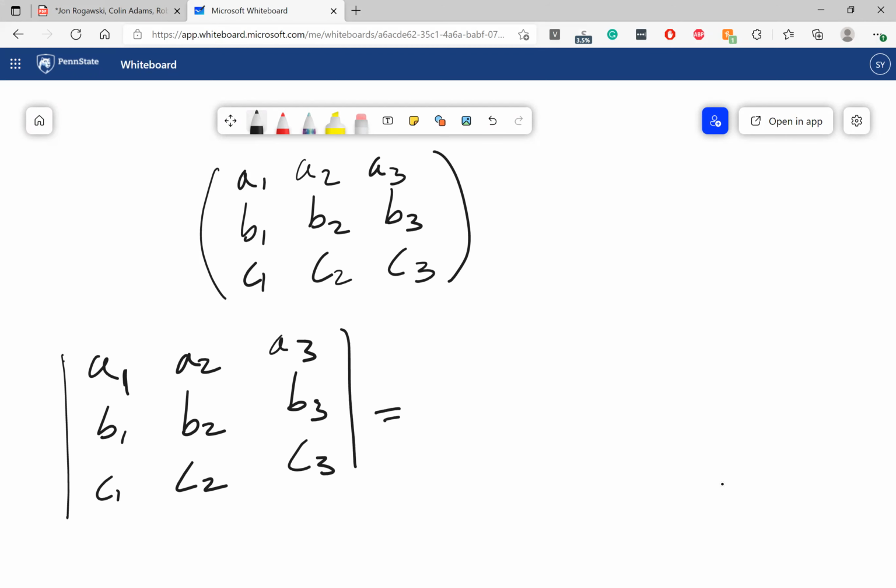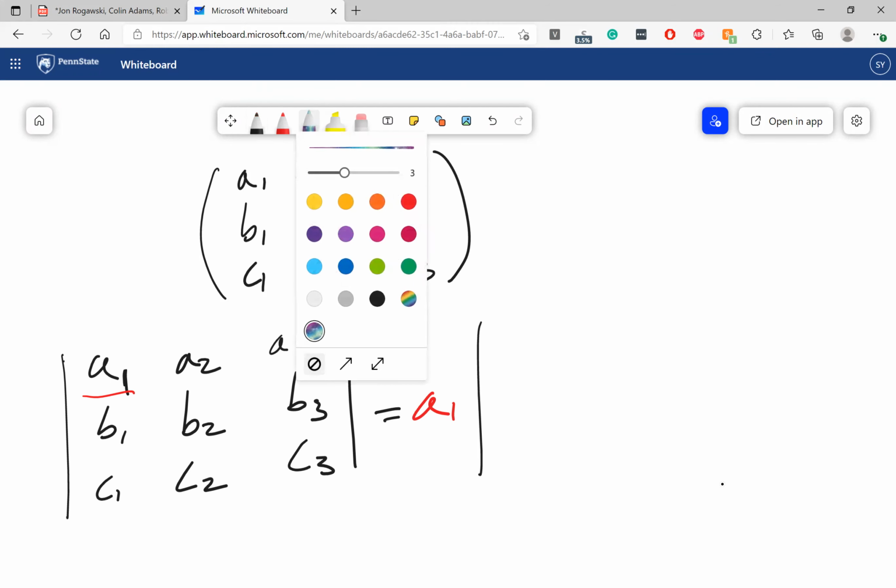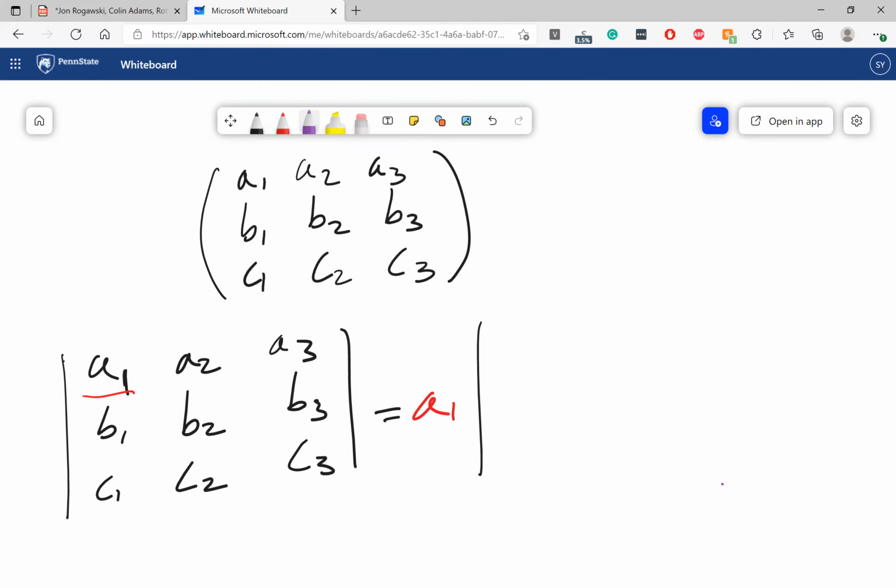And what we do is we go to our first coefficient over here, and we put that here, A1. And then we put the matrix, the results from crossing out these two lines. So that would be the matrix B2, B3, C2, and C3.